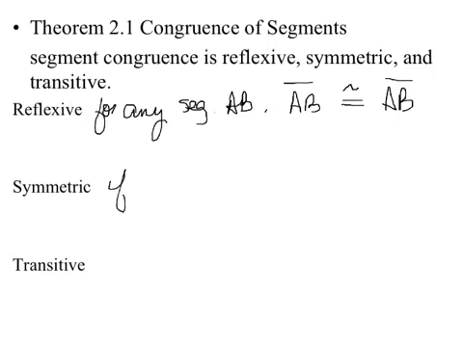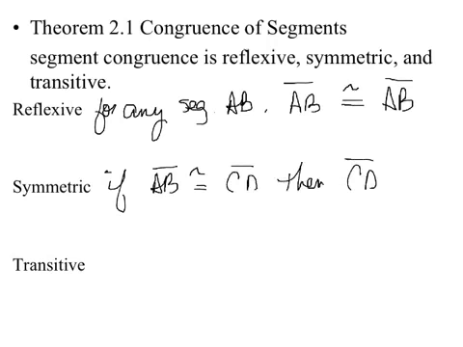Symmetric. If segment AB is congruent to segment CD, then segment CD is congruent to segment AB. Symmetrical. Doesn't matter what order, they are symmetrical. And transitive. Like I said, for some reason, thinking about trains keeps transitive in my head.